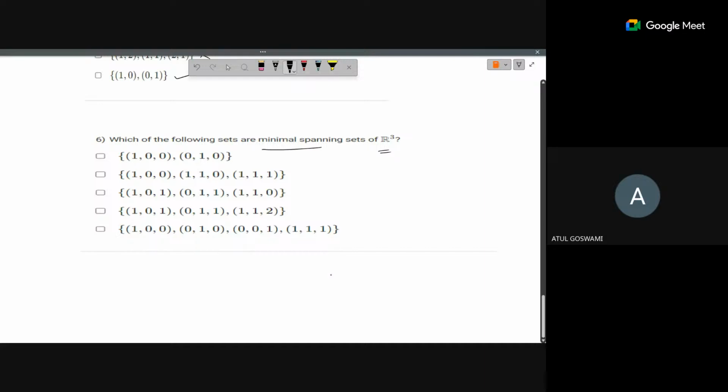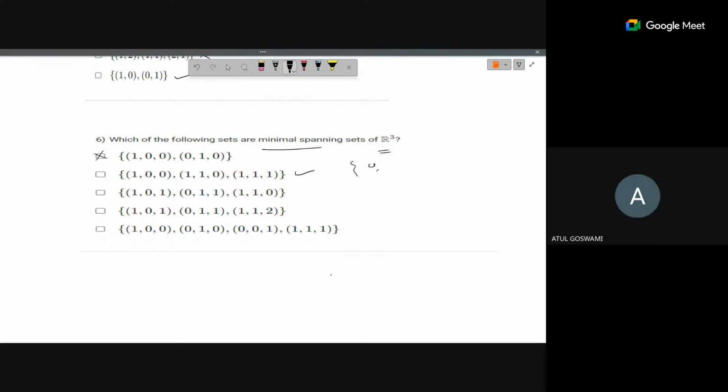So a minimal spanning set means three vectors. You already know by now. Is it three? These are three vectors. Should be true. Is it true? Yes.